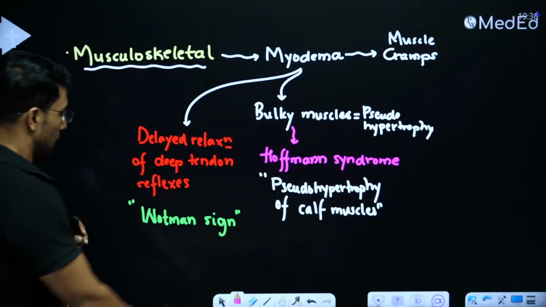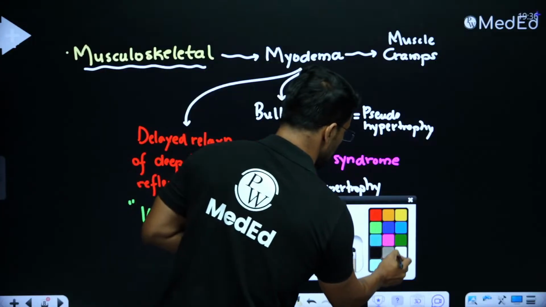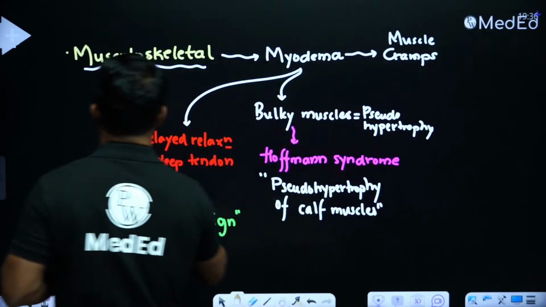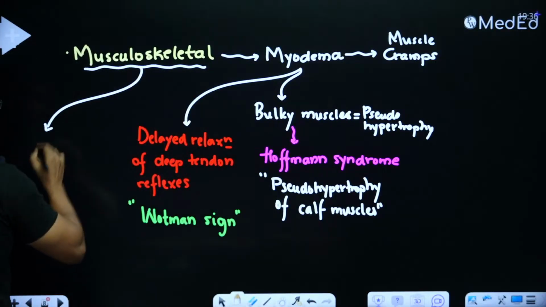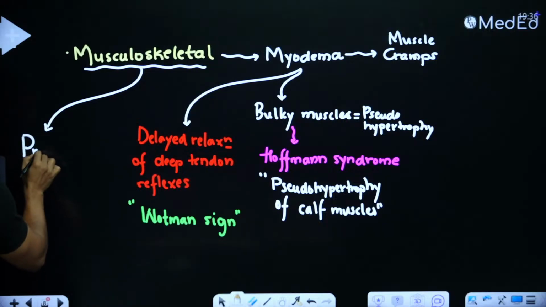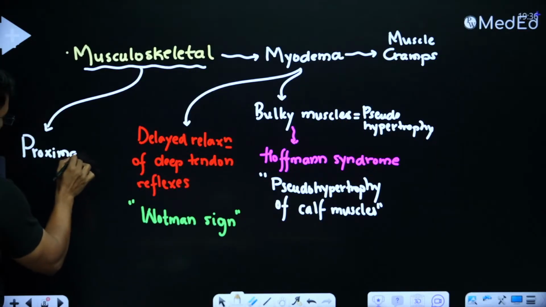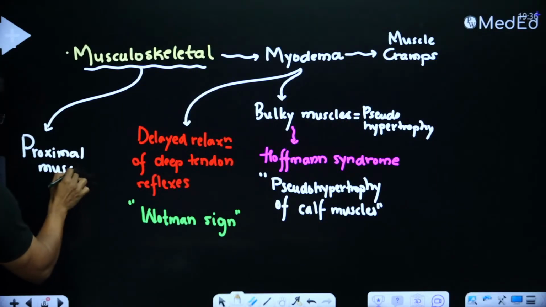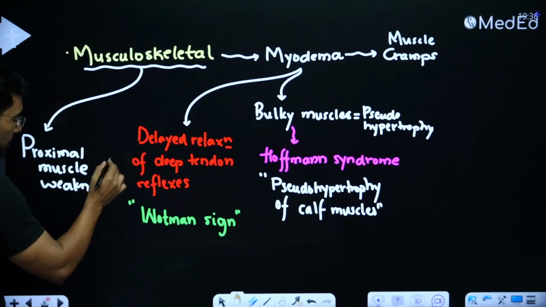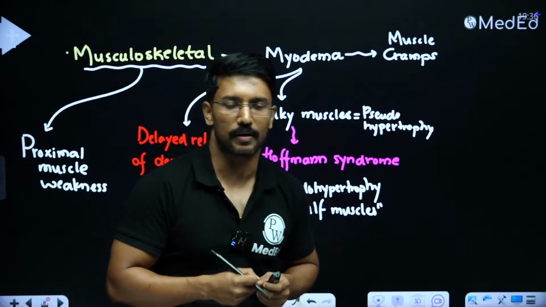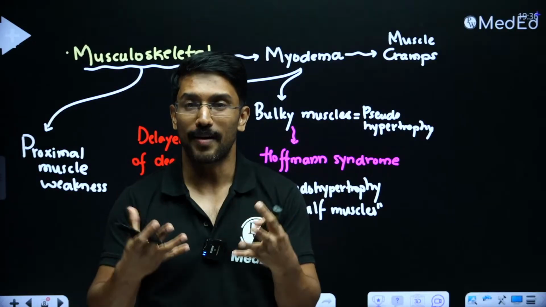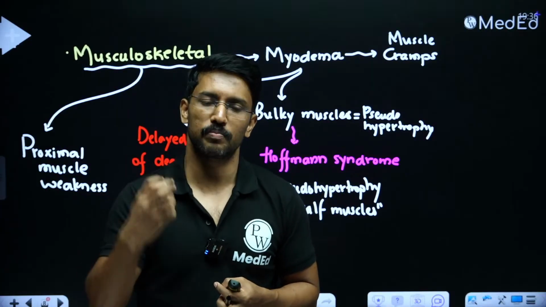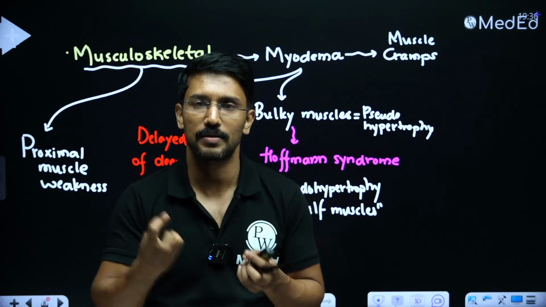Okay. Now the second manifestation that I can get because of hypothyroidism is proximal muscle weakness. So one side the muscles are edematous, on the other side the proximal muscles become weak, because all the muscles, to contract, need a supply of glucose and blood, and they have to generate ATPs and use them.